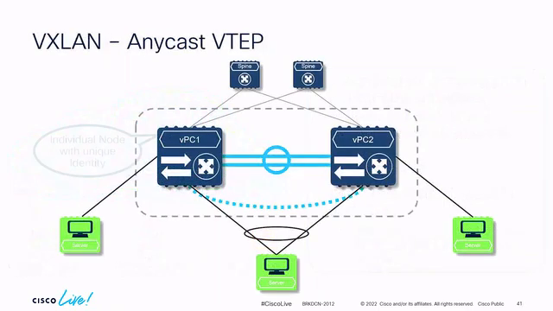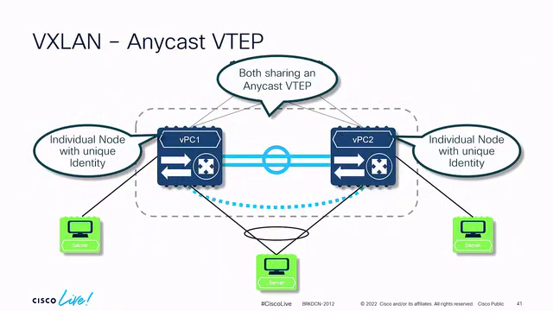But let's figure out how VPC interacts with overlay. So in overlay, we do have a VTEP address or NVE interface and its address on it, but each box, each VPC peer, will have its own individual identity. And the two of them, part of the VPC domain, get a unique identity which is common for that VPC domain.